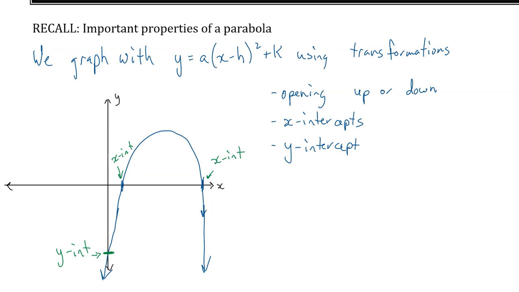And we're going to label it. All of these things are the things that have to be labeled. We don't have to label the direction of opening, but you have to show the direction of opening when you draw it. Okay? But we're going to label the x-intercepts and the y-intercept. Then we're going to find the axis of symmetry, which I will use a short form, AOS, axis of symmetry.